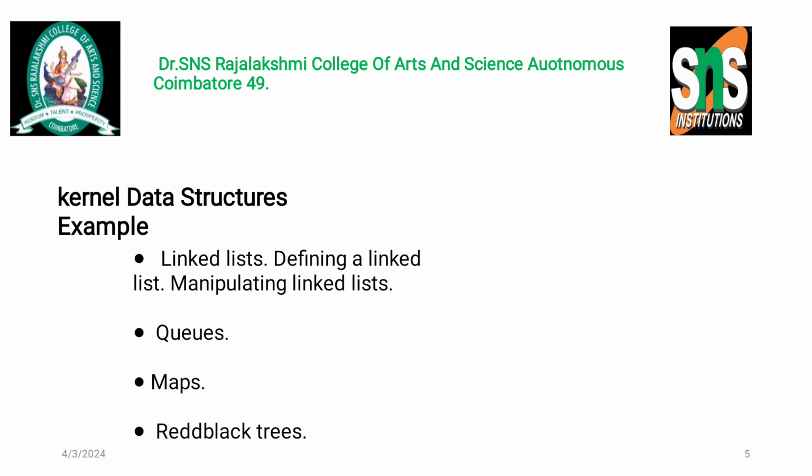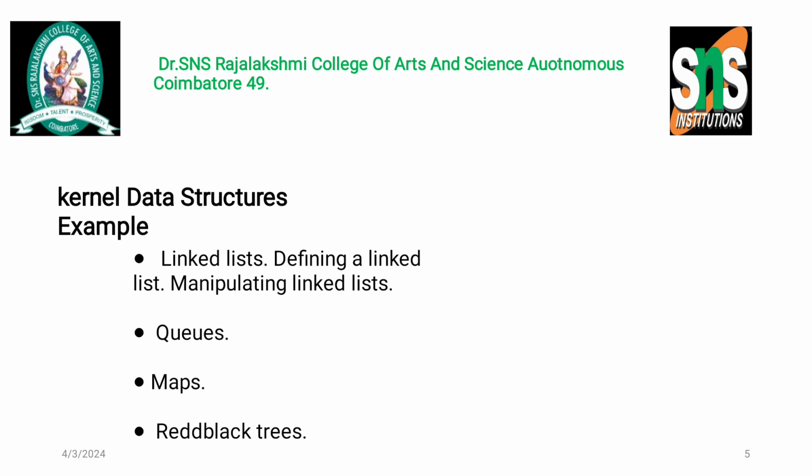The kernel data structures are the best example of a linked list. Since we are talking about data structures, here I am mentioning the word linked list. It is one of the favorite data structures, which stores data in a listed format. Defining a linked list, manipulating a linked list. This uses queues, maps, red black trees.